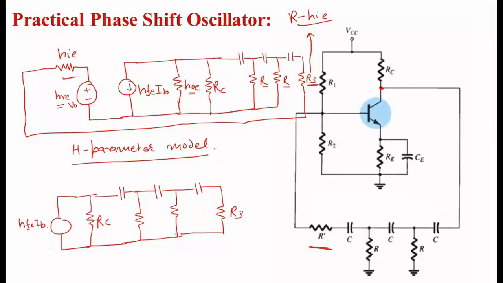So here we can see that this is the current source in parallel with this RC. So we can write this current source and RC combination as the voltage source. So let's draw again. Here we have the voltage source instead of the current source, and its value is HFE IB into RC, and the RC will come in series with this voltage source.